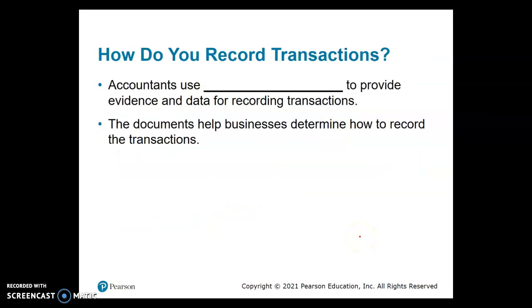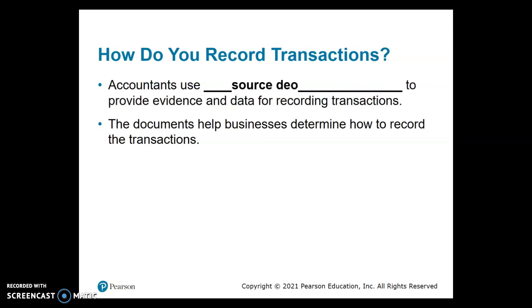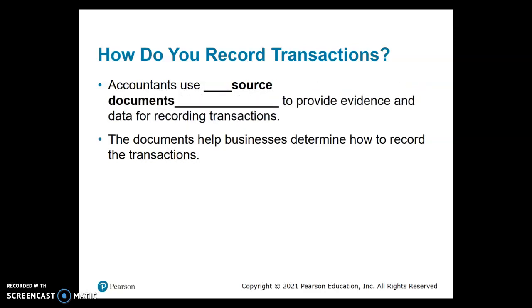All right, let's go over now learning how to record these transactions in the format of a journal entry. So let's fill in these blanks in the slide. Accountants use what's called source documents. They use source documents to provide evidence and data for recording transactions.